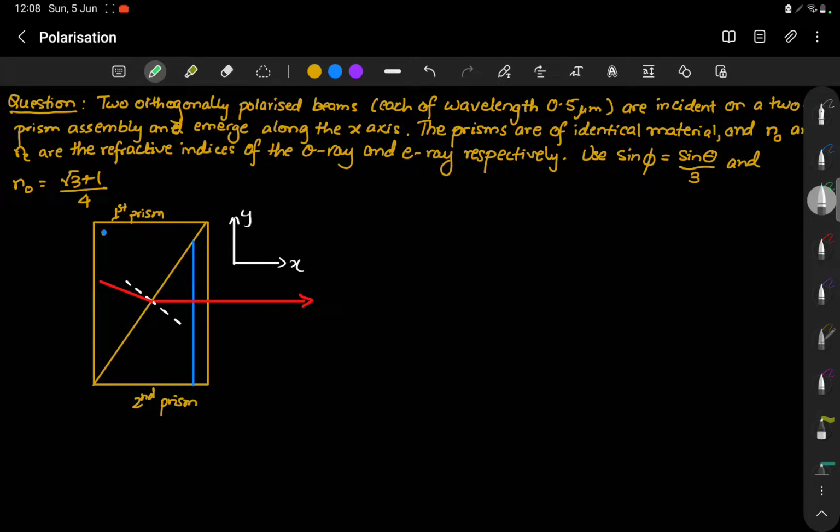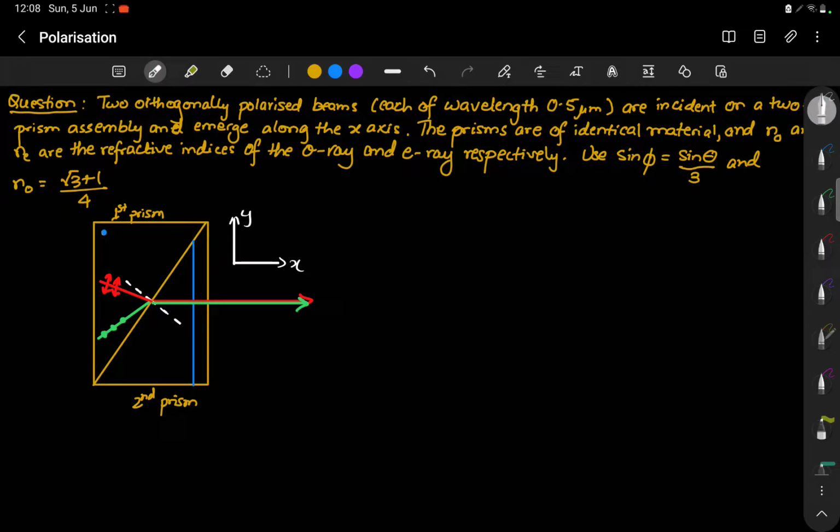This will come somewhat like this, and then again move along the x-axis. So we have these two rays, and let me draw the polarization. The green ray is polarized perpendicular to the screen, and the red ray is polarized in the plane of the screen.